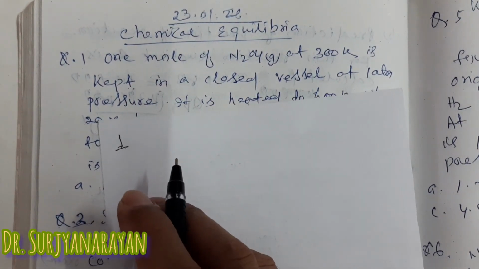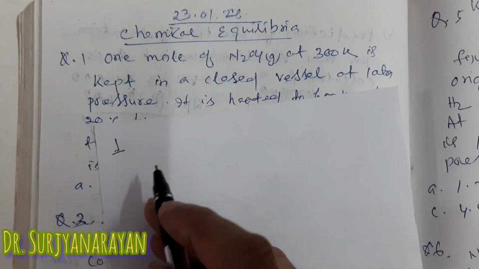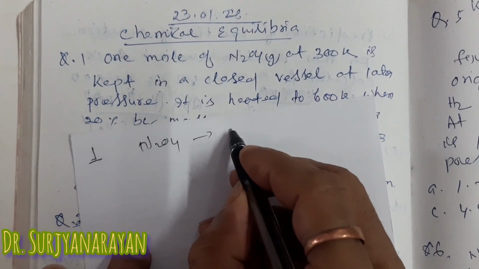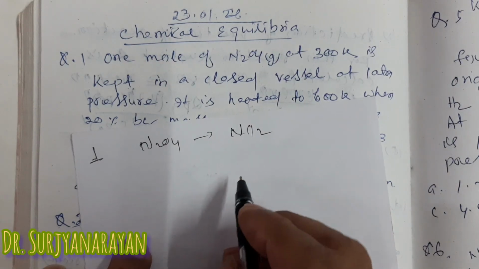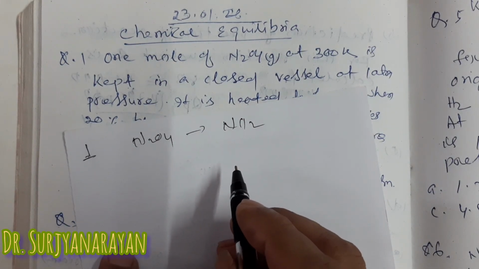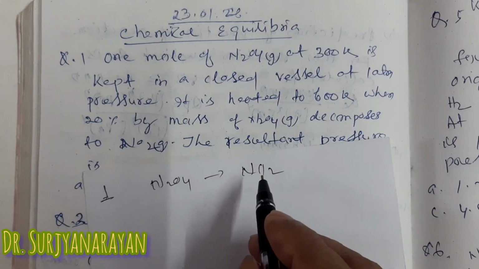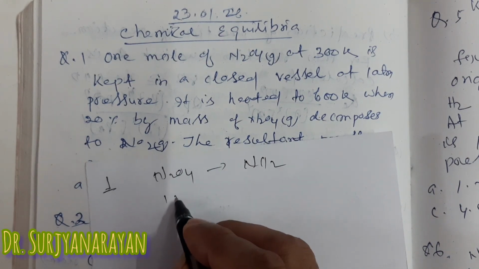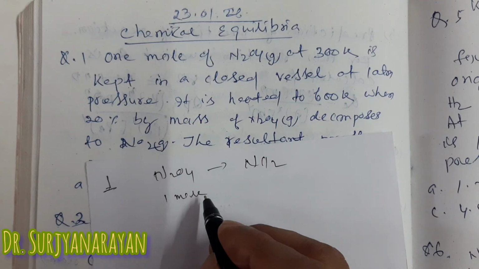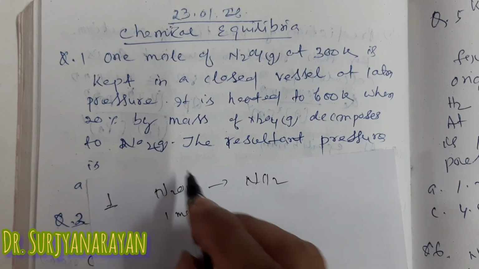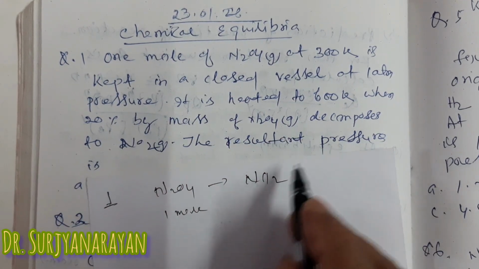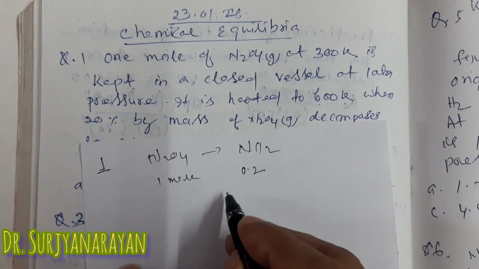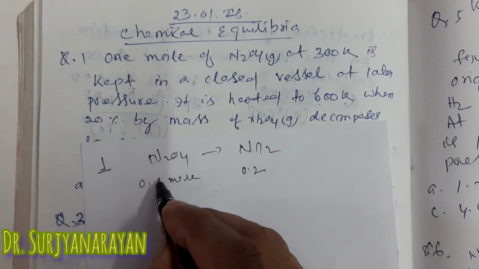Okay, so N2O4 decomposes to NO2. 1 mole of it is taken. After some time, 0.2 mole, 20% of N2O4, decomposes, so the remaining is 0.8.